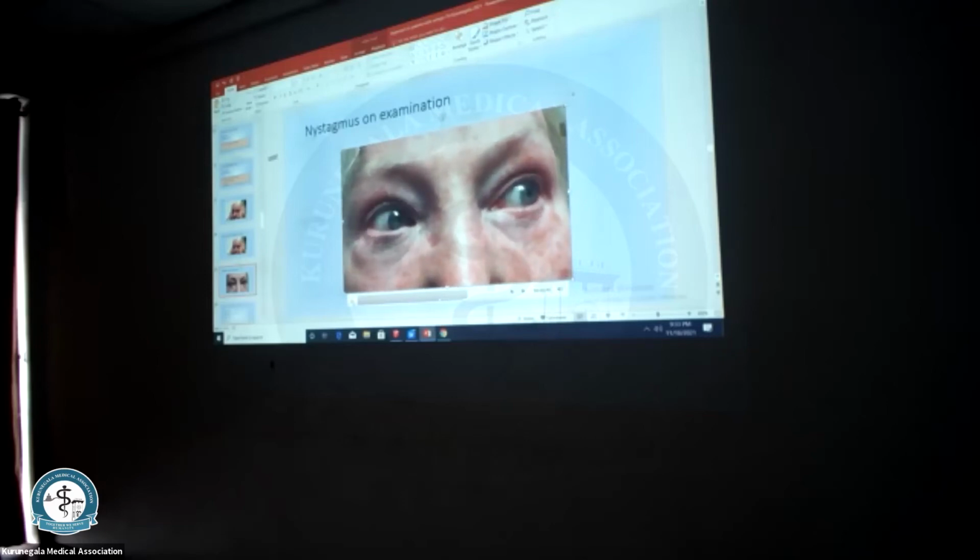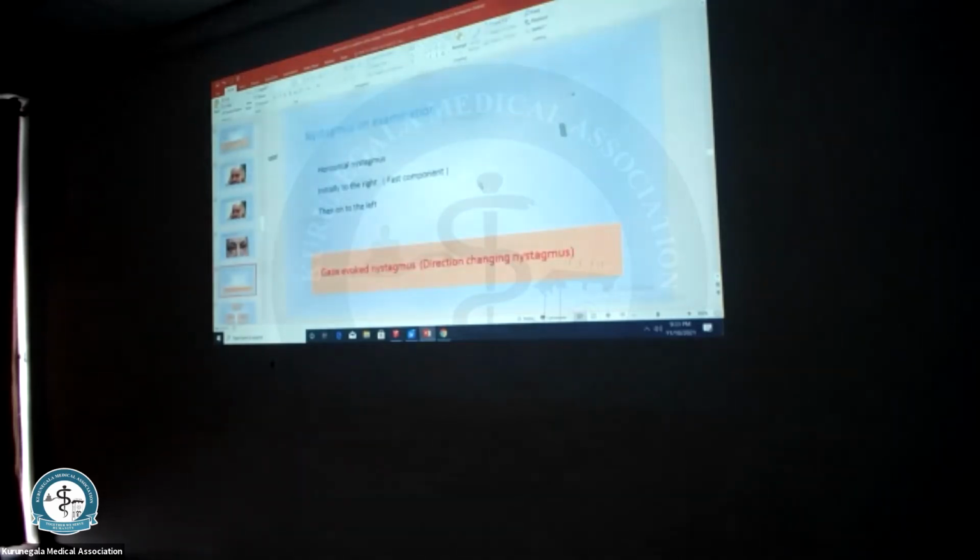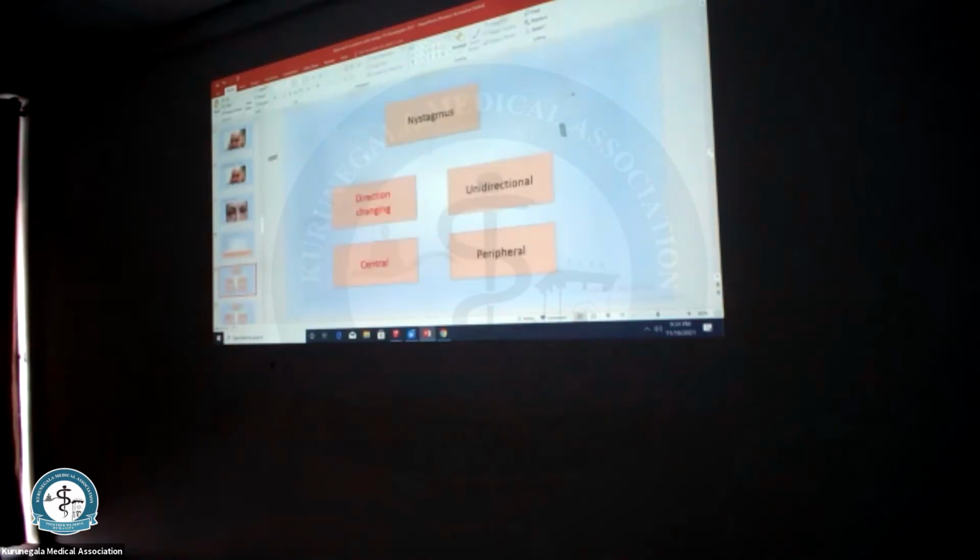So it is a direction change. So this was a horizontal nystagmus, initially to the right, then on to the left. This is a direction changing nystagmus. We call it a gaze evoked nystagmus.